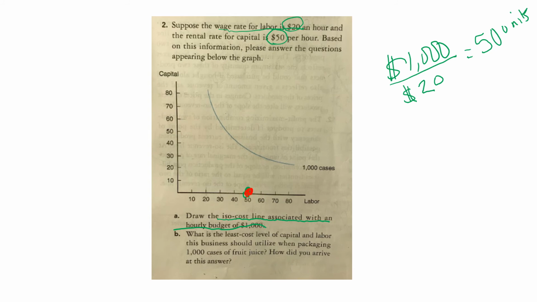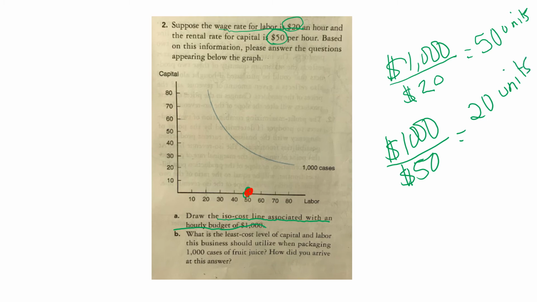Okay, if we spent all of our $1,000 on capital, we'd take 1,000 divided by 50, we'd be able to purchase 20 units of capital. So that's going to give us a line that looks like that. So that's the ISO cost line that's associated with that budget. That's what we're looking for.